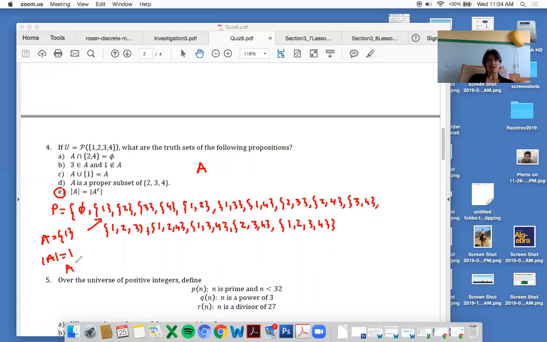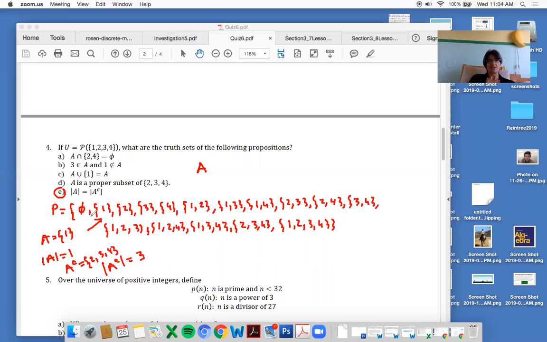The complement of {1} is {2, 3, 4}, all the elements in the universe, which is 1, 2, 3, 4, that are not in A. And the cardinality of A complement is going to be 3.